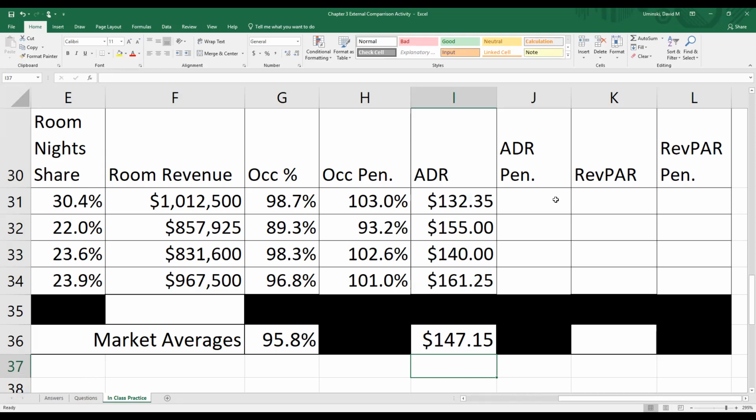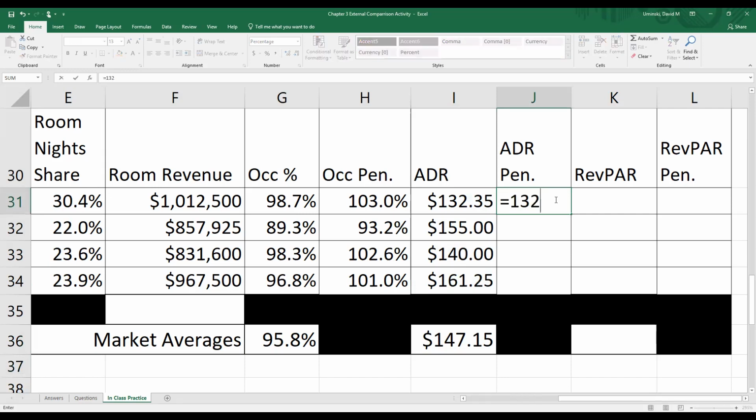Okay, and then we're going to compare it just like we did the occupancy percentage. We're going to do 132.35 divided by the market average of 147.15.